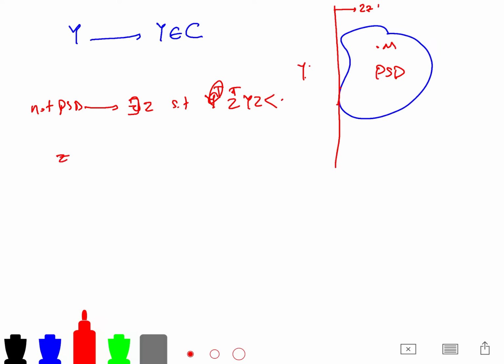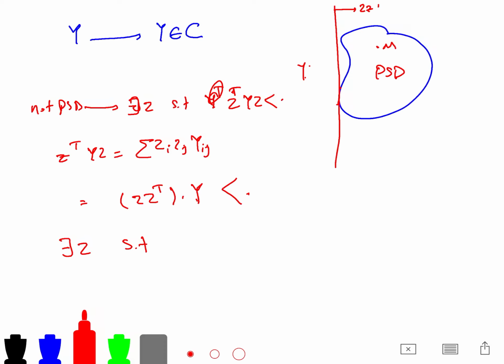Z transpose YZ is the sum of Z i Z j Y ij, which you can write as ZZ transpose dot Y. In other words, we can find such a Z such that this is less than 0, and this is the separating hyperplane.